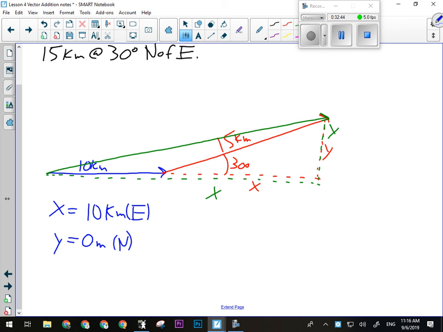Then I've got to find the X and Y's for the red triangle. So red X is the adjacent side to the 30-degree angle, so we'll go cos of 30 times 15 kilometers.